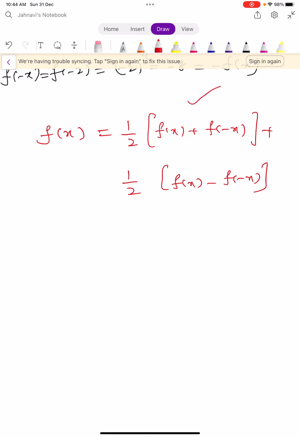The first one is known as even and the second one is known as odd. So every function can be written as the sum of even and odd functions.